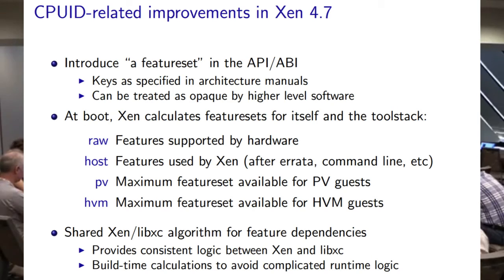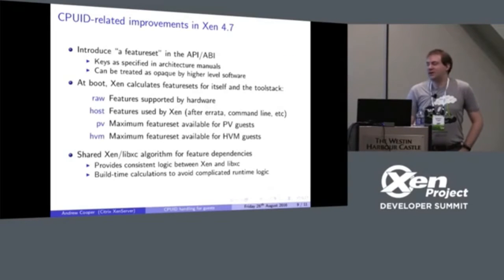One more question: semantics for the feature set for PV and HVM. Go back to the slide. Yeah, that's better. Is PV and HVM by definition a subset of host? Generally, yes.